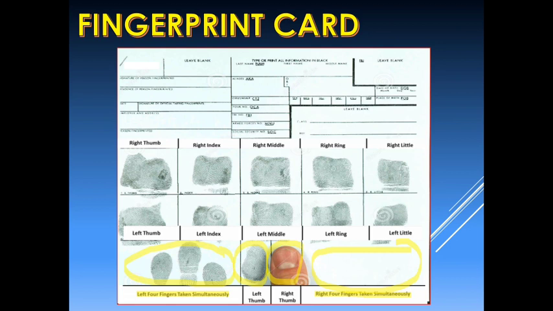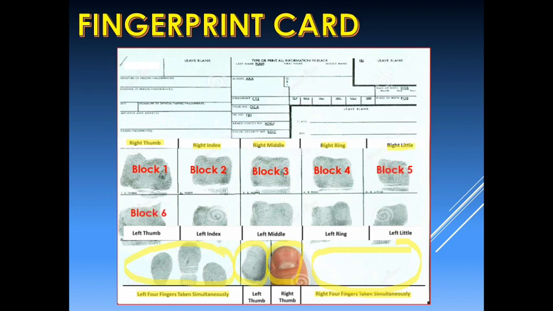Since this will be the focus of the fingerprint classification, this will be intended for block 1, which is the right thumb. Block 2 is for the right index, block 3 is for the right middle finger, block 4 is for the right ring finger, and block 5 is for the right little finger.